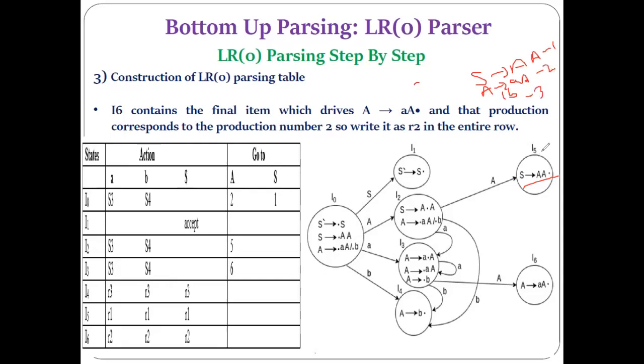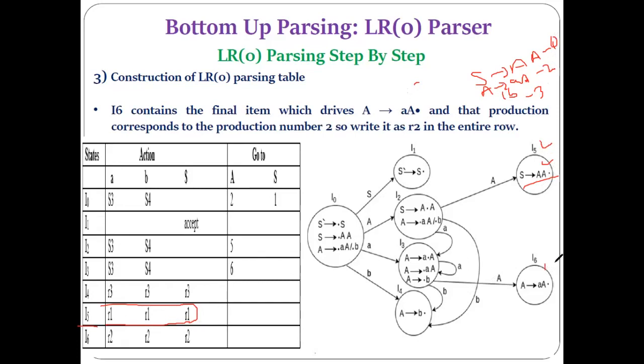So the final item in the state I5 is production number 1. That is the reason in the I5 state you have to make the entry R1, R1, R1 in the entire row. Why? Because we have the final item in the I5 state and its production number is 1.